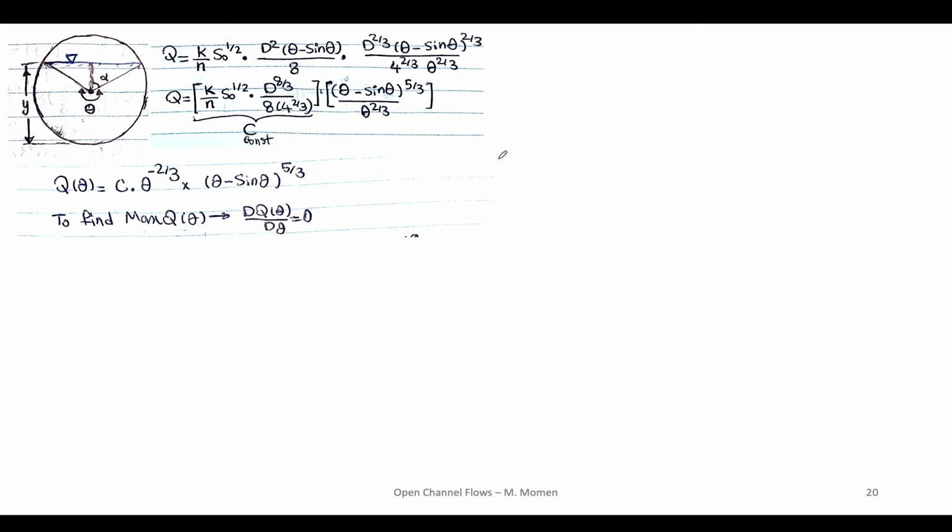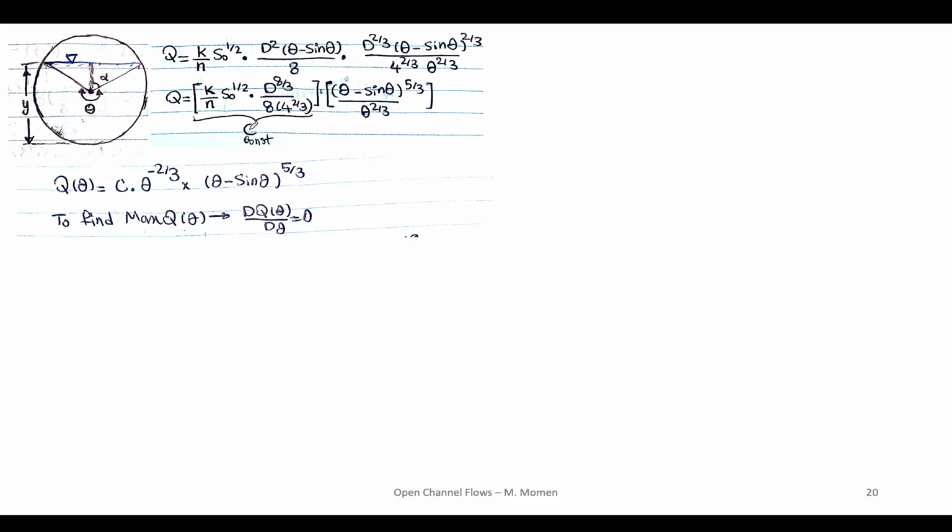Okay, so we reached this point. This was the last formula we had. So now I want to write, as I said, everything as a function of theta because I want to optimize this channel to find a maximum Q as a function of theta. So all of these things are constant.